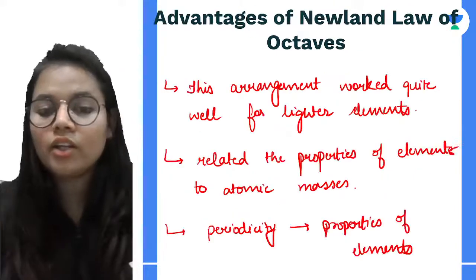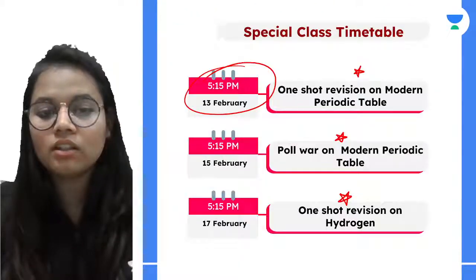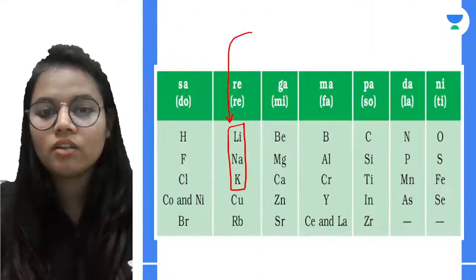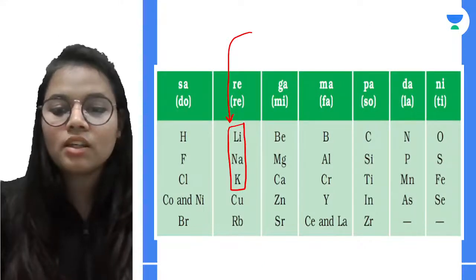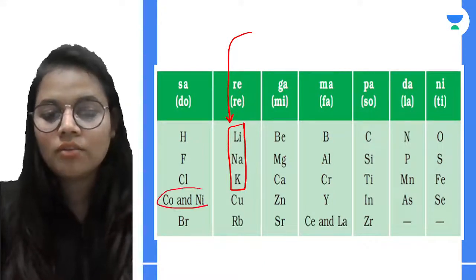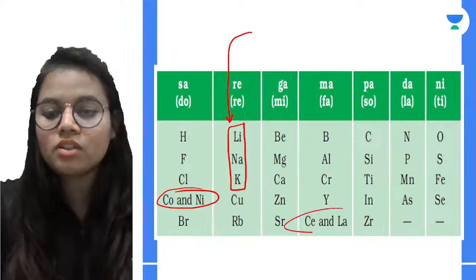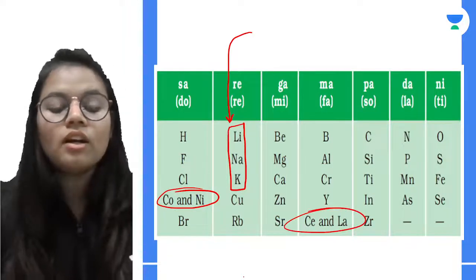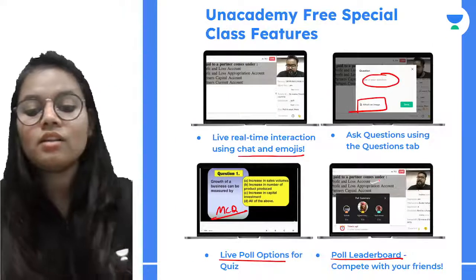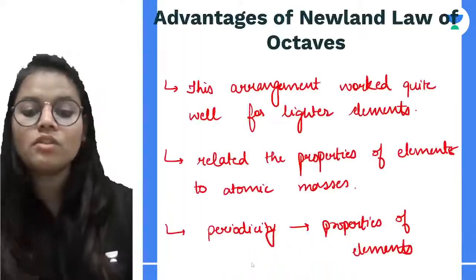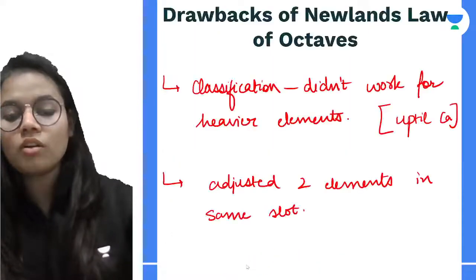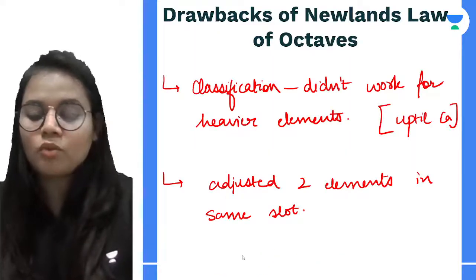So what did he do? Actually, he placed cobalt and nickel at the same position. So there were two elements placed in the same slot, and that was a problem.